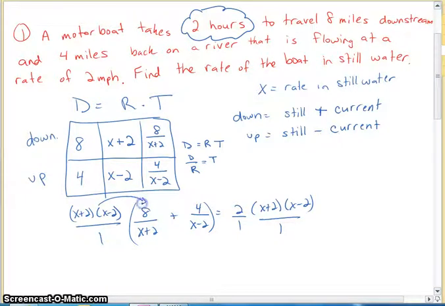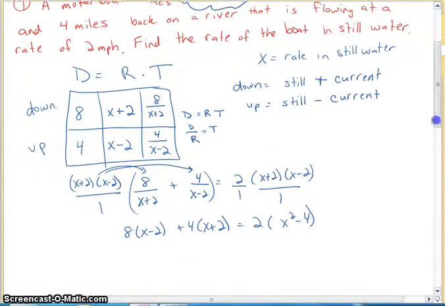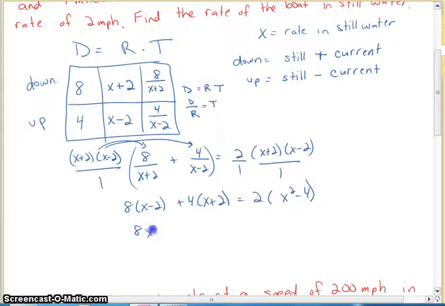And then distribute. I'm going to keep distributing and then combine like terms.